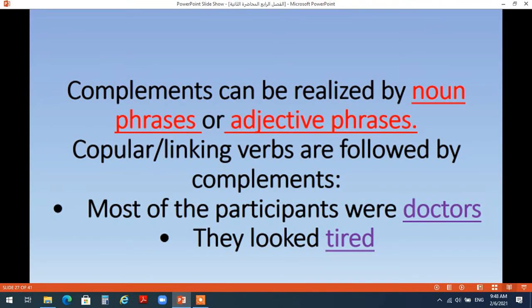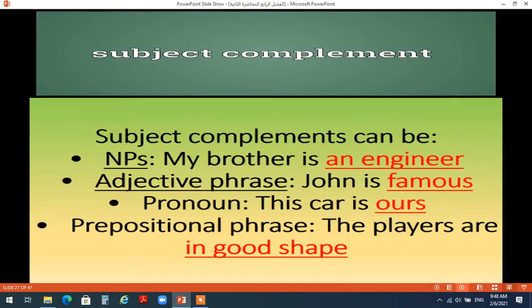Most of the participants were doctors. كما تلاحظون doctors هو subject complement وهو عبارة عن noun phrase. They looked tired. أيضا look هو linking verb. So after it we have a subject complement which is an adjective phrase.